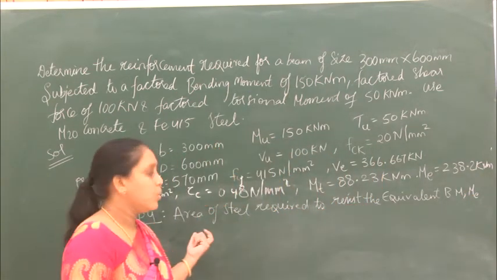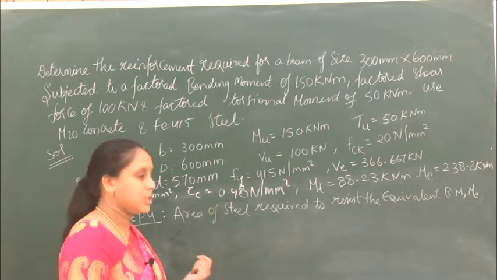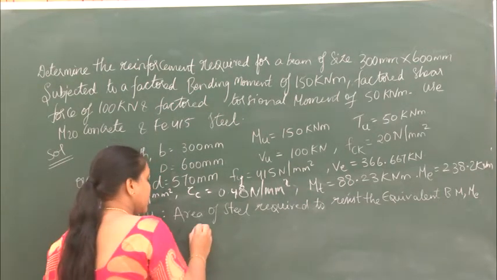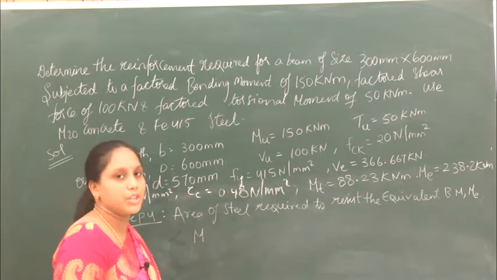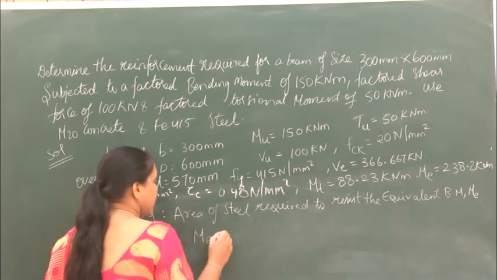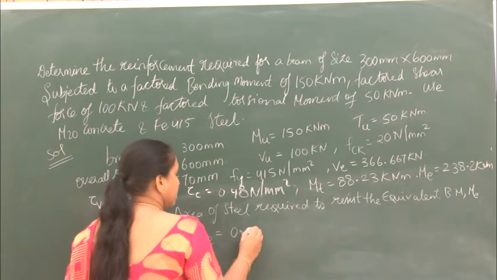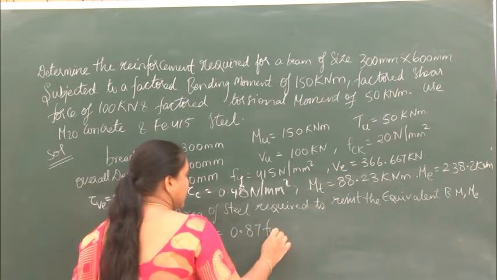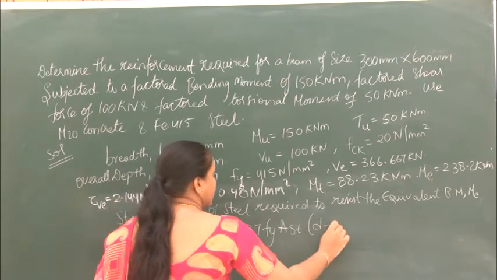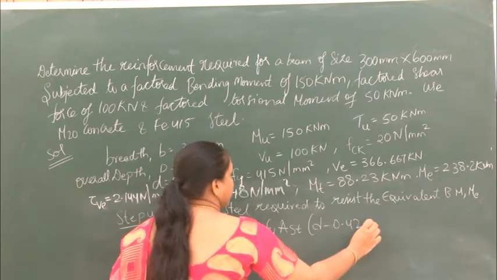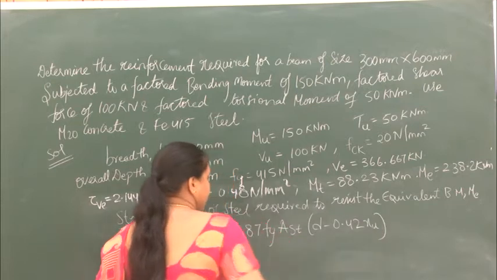So now let us calculate the area of steel. I will calculate by using the equations as we have used in the limit state of collapse flexure. So ME is equal to 0.87 Fy into AST into (d minus 0.42 Xu).